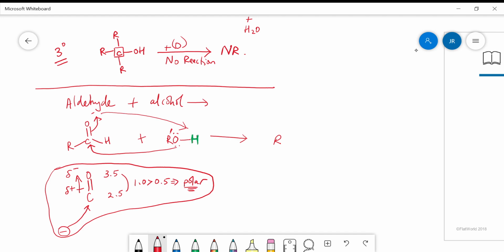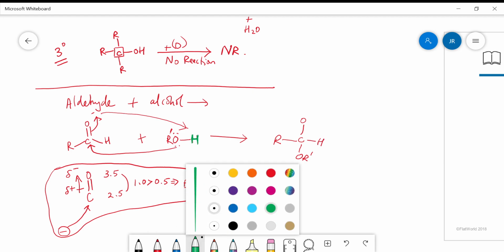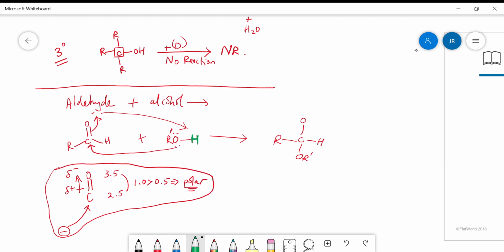So we'll have R, C, O. We've now got O, R prime. We've got H, and if I can get my green to behave, we've got that green H over here.